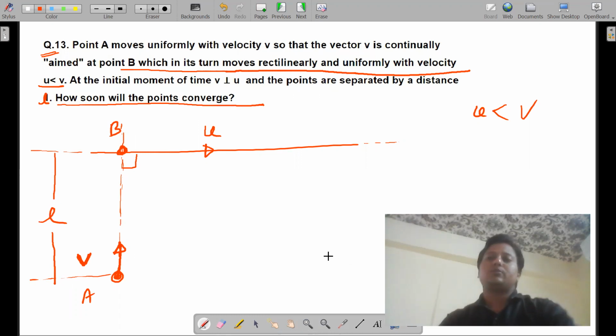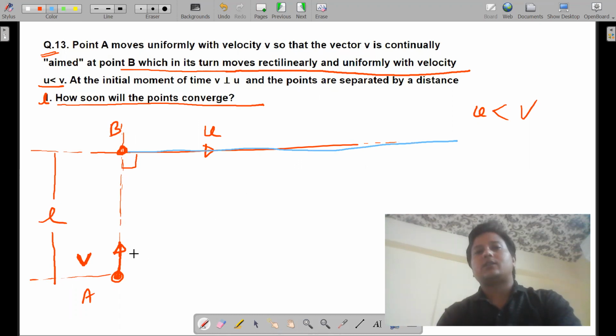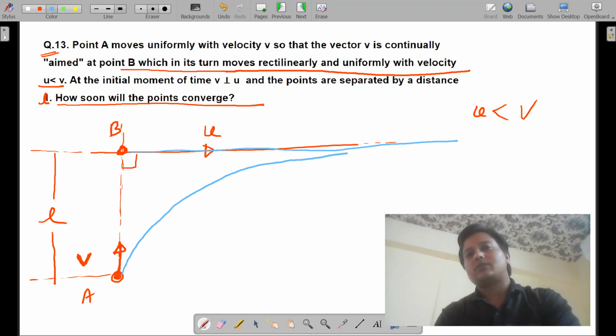So similar to the previous question, here we have to find the converging time. We know this particle B goes along a straight line, and particle A follows a curved trajectory and will finally meet point B, because B is continuously moving along a single line.